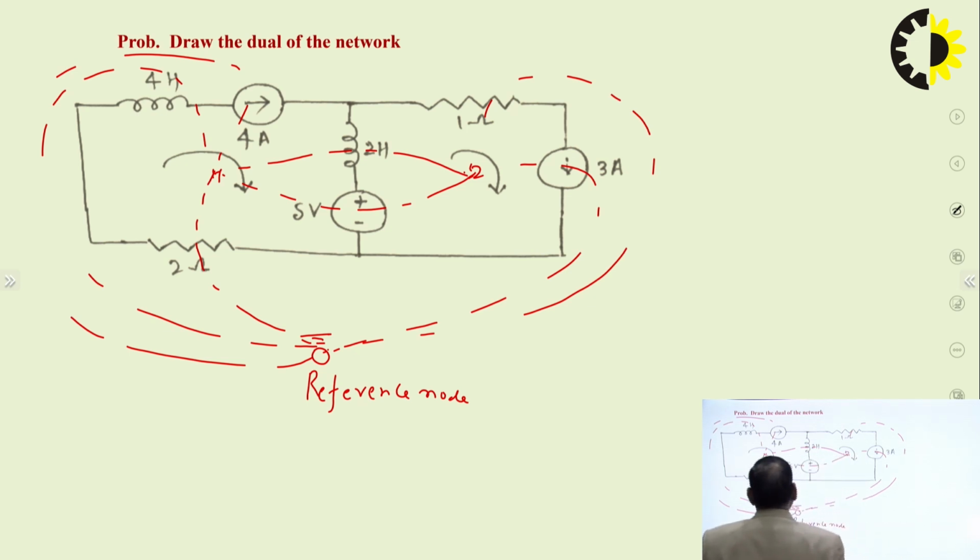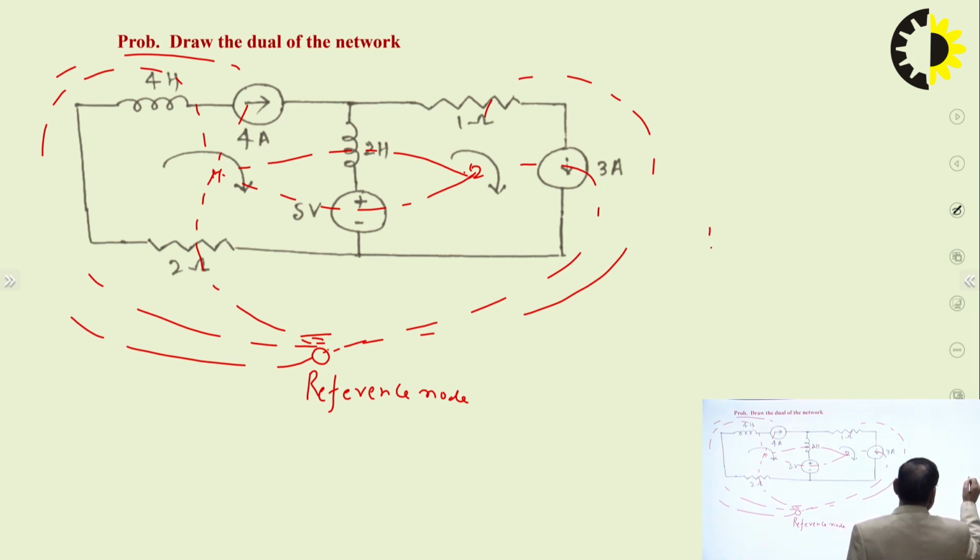Now, there are two nodes, so mark them. This is your node number 1 and this is your node number 2, okay, and take the reference node.